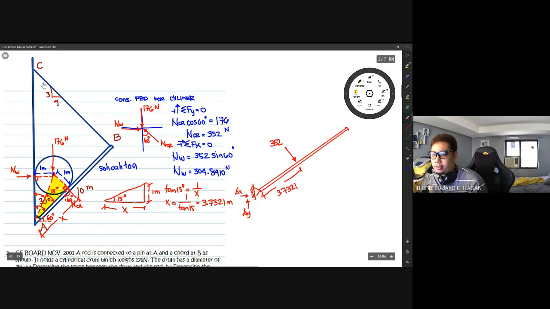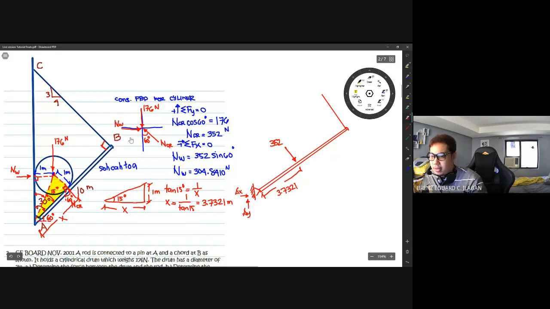So guys, meron tayo ditong cable. Kaso, ang problema natin sa cable na yon, hindi mo kasi masasabi na perpendicular siya. Mukha lang siyang naka 90 degrees dito.